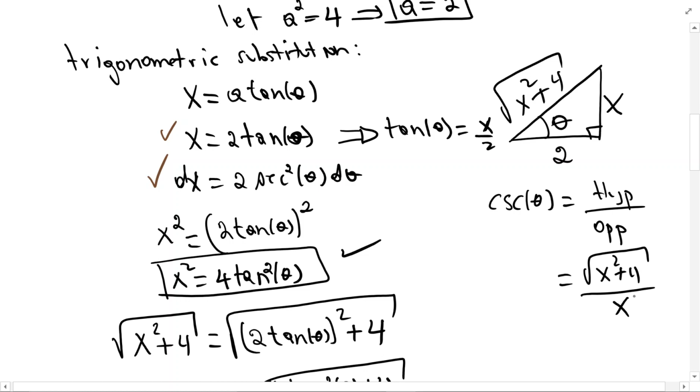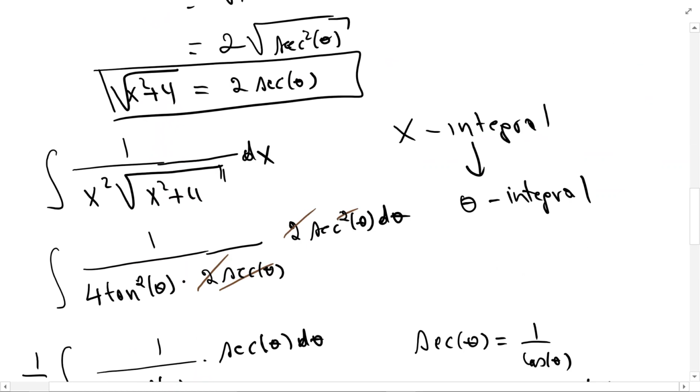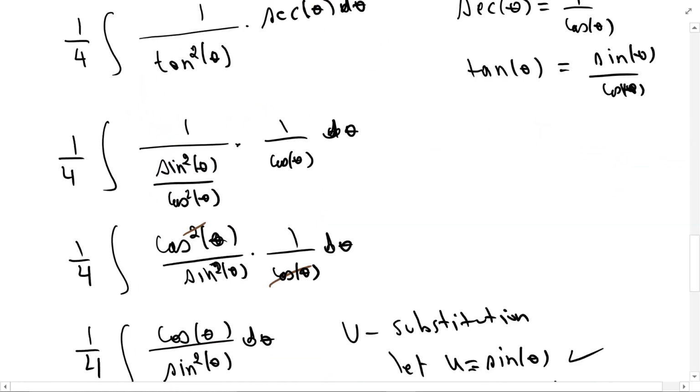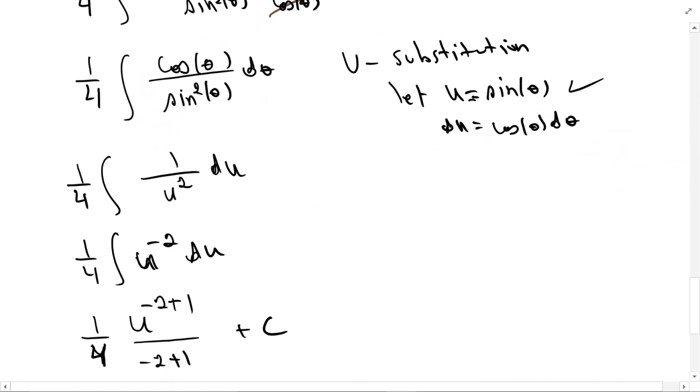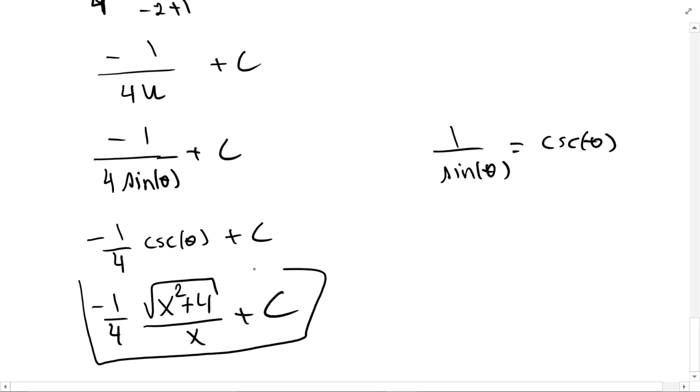So it's going to be square root of x squared plus 4, all divided by x. Let me copy this down here. So we end up with -1 over 4 times the square root of x squared plus 4, all divided by x, plus c. So we get our answer.